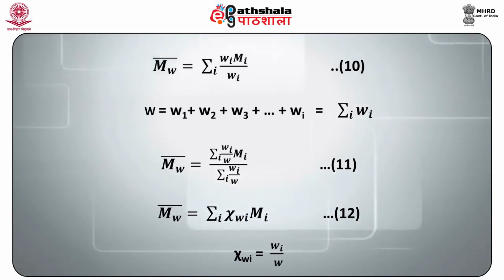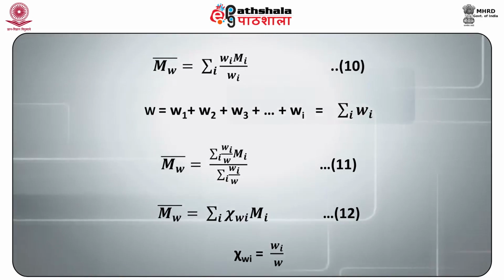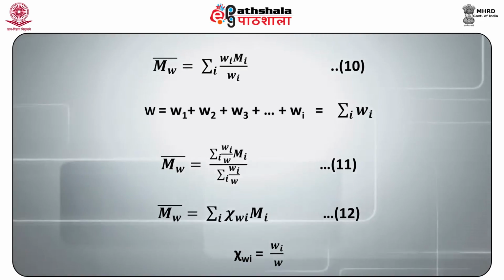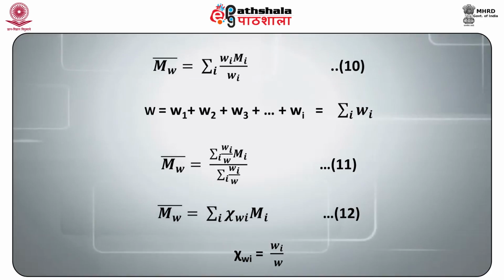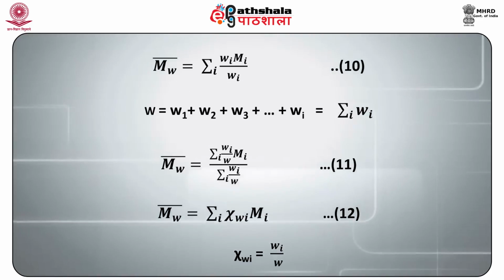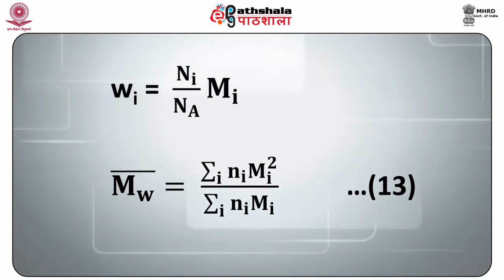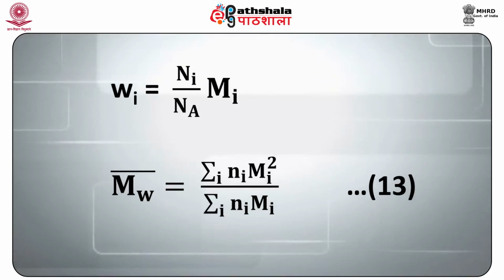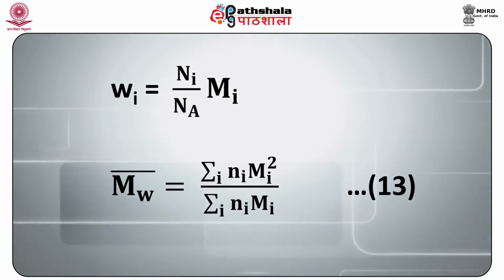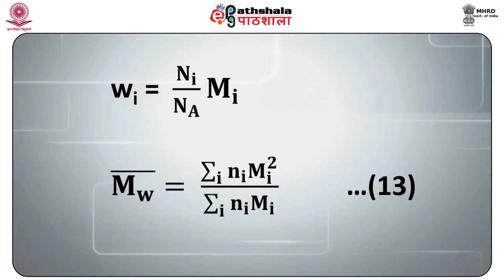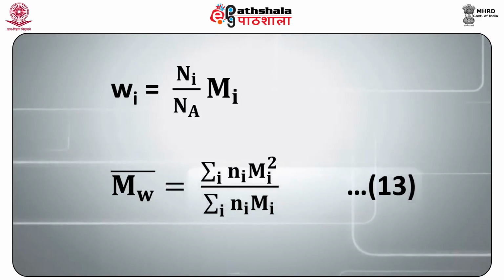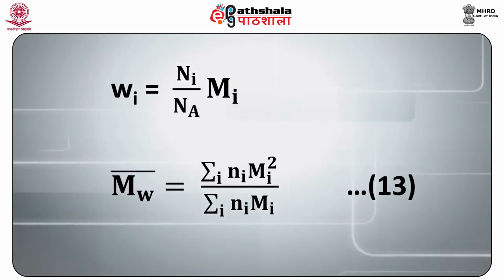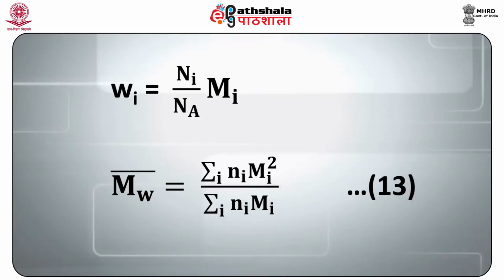Or Mw bar is equal to summation chi Wi into Mi, where chi Wi is the weight fraction equal to Wi by W. This is our equation 12. Since Wi can be written as Ni by Na into Mi in terms of number of moles, weight average molar mass can be written as Mw bar equal to summation Ni Mi square divided by summation Ni Mi, as our equation 13, where N is the number of moles.